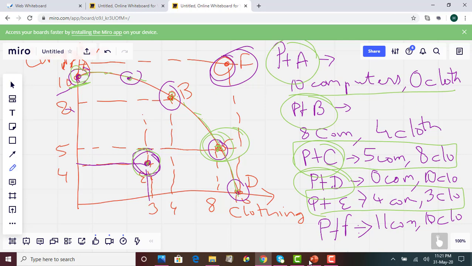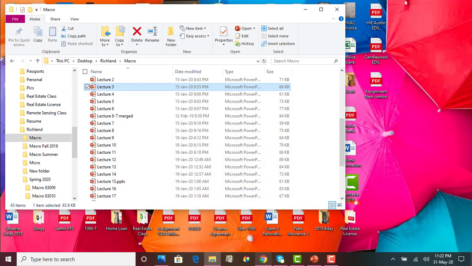If I ask you in a question or homework whether point B is allocatively efficient, your answer should be that it is productively efficient, but we do not know whether it is allocatively efficient because we don't have any information about consumer utility. The same applies for any point on the line. This is the first thing you need to know.